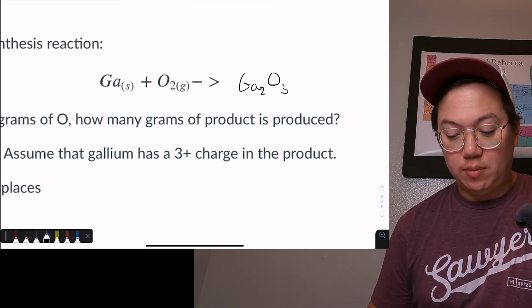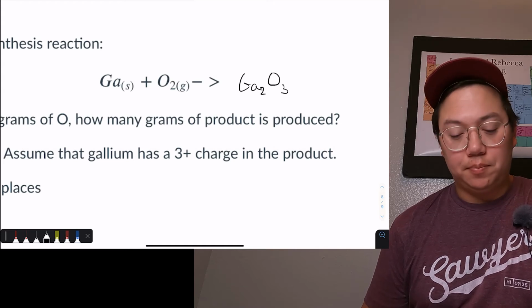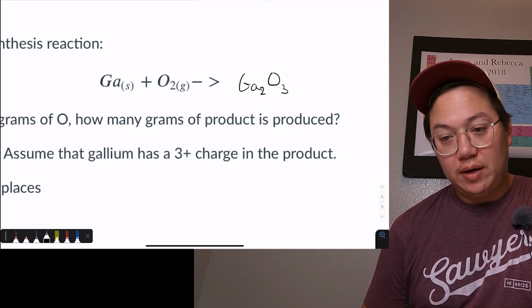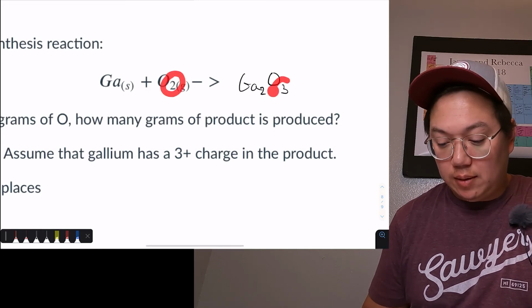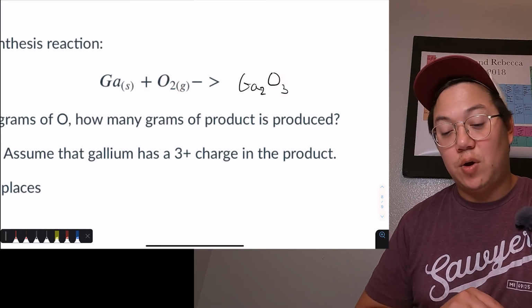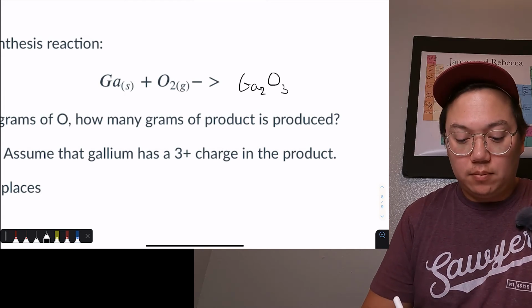So if we have 2 here and 3 there, this is where you're looking for the least common multiple. The easiest way to do that is to multiply them by each other. 2 times 3 is 6, so on either side we want to end up with 6 total oxygens.